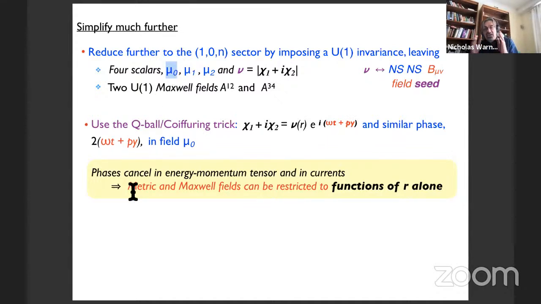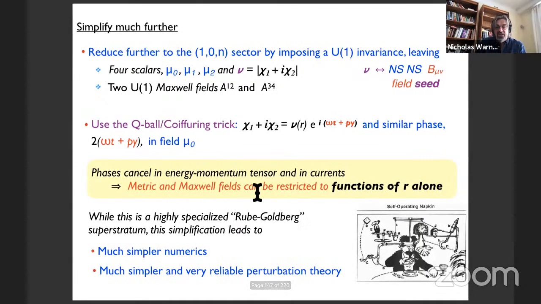And then if you do that, you can consistently write a system of equations where the metric and Maxwell fields do not depend on anything other than the radial coordinate. That's why it's called the cue ball trick. And it's a very specialized Rube Goldberg kind of machine to do this, but it enables you to actually construct something that's non-trivial.